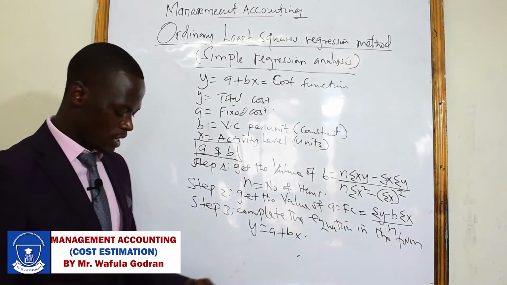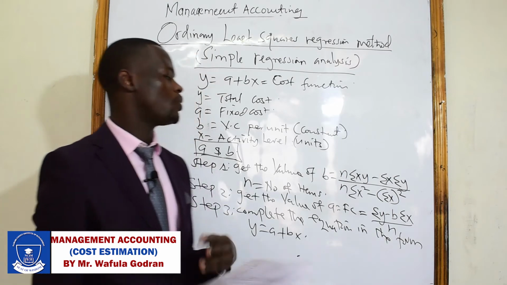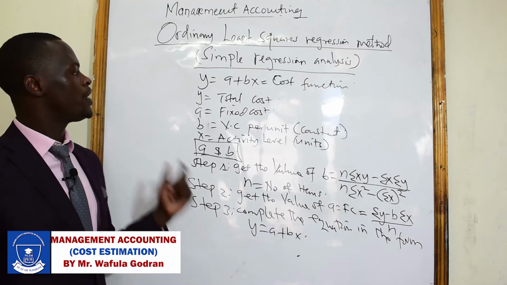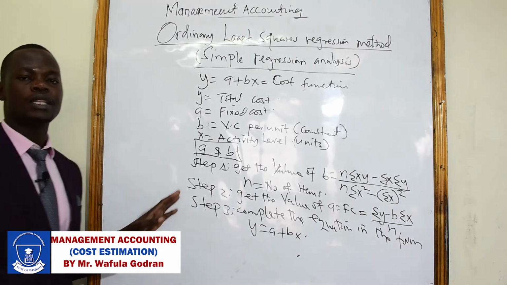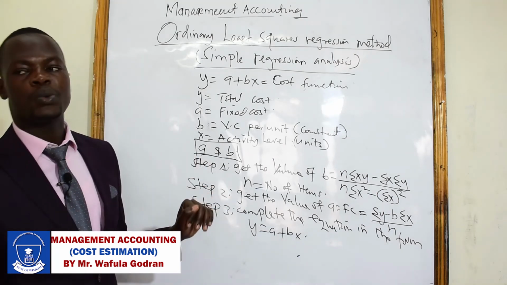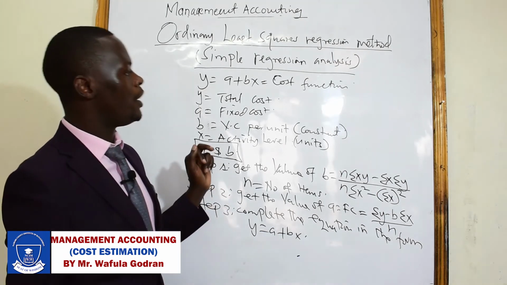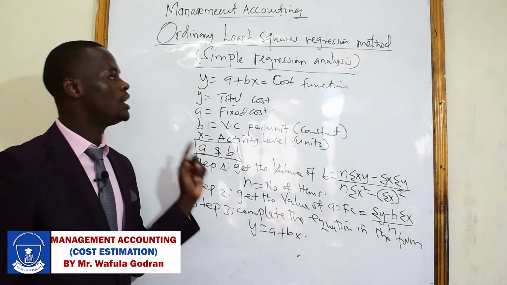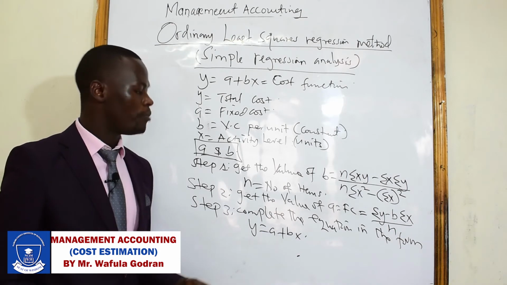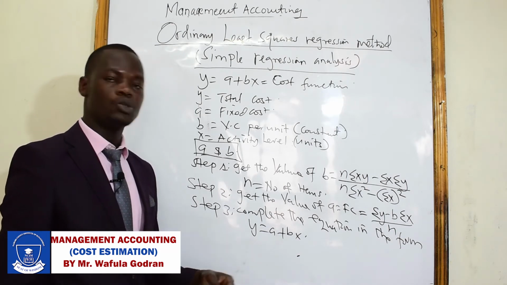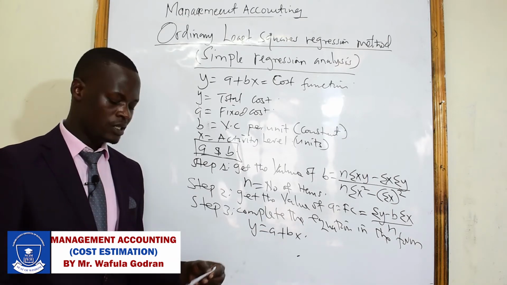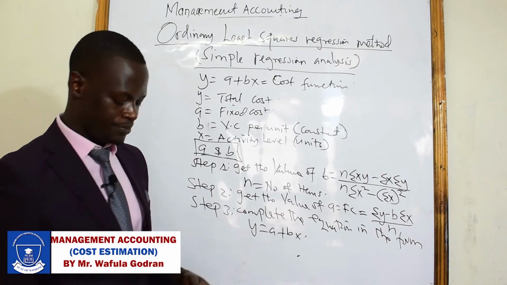So we are going to look at an example, and a past paper question, so that we can be very sure that if we get a question that asks us to use the high-low method, the account analysis, and also the regression analysis method, we are able to tackle it. Before we look at the example, notice the characteristics we've learned from this equation.